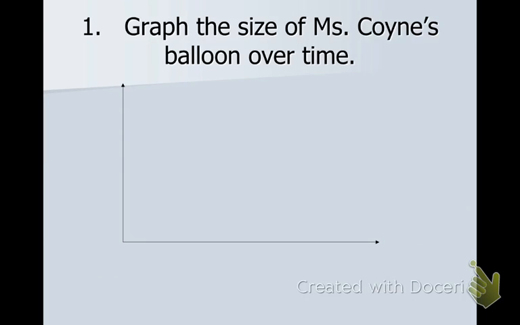Okay? For example, graph the size of Mrs. Coin's balloon over time. What we want to do is find some way to relate the size of Mrs. Coin's balloon as time lapses. And you see there, your graph's been filled in already.